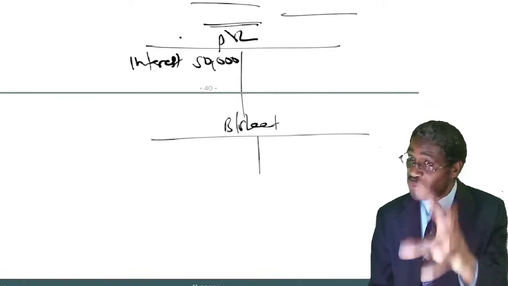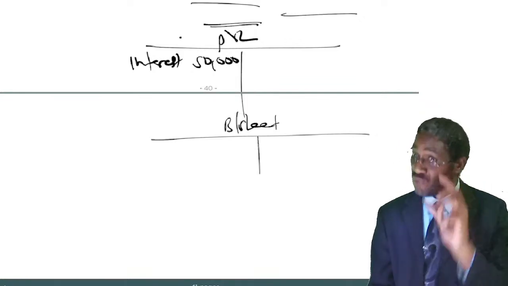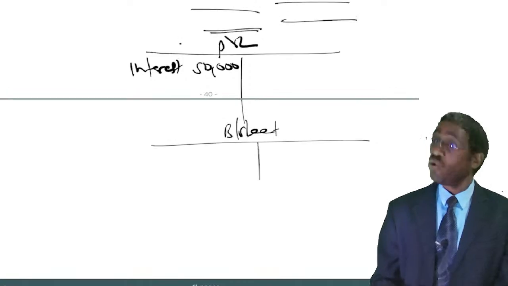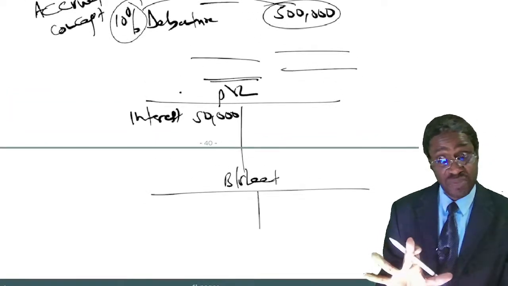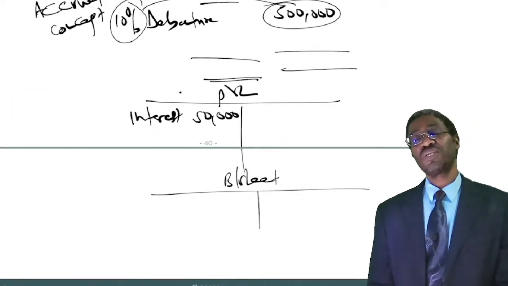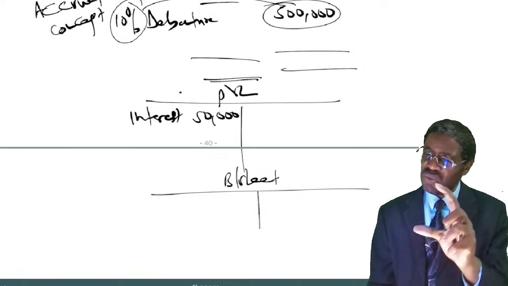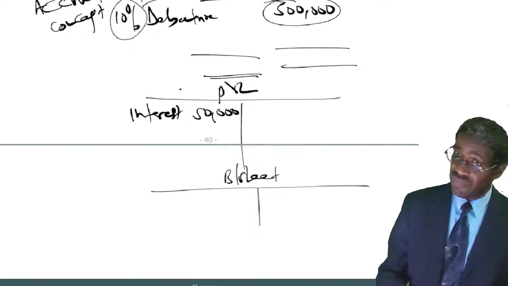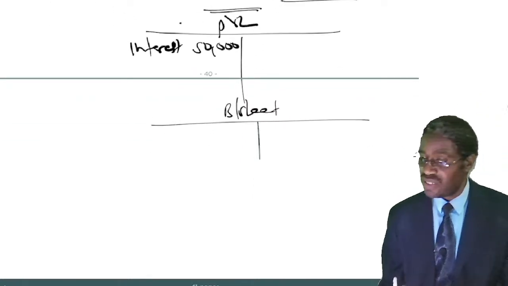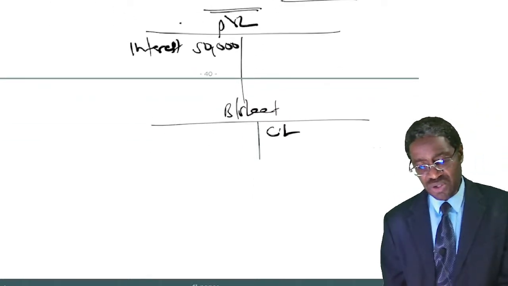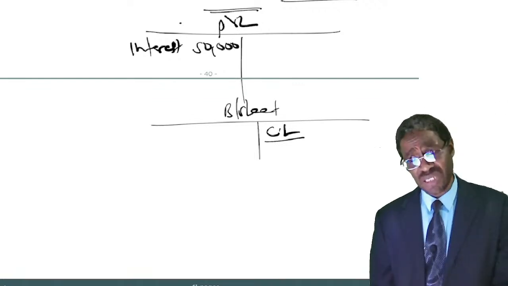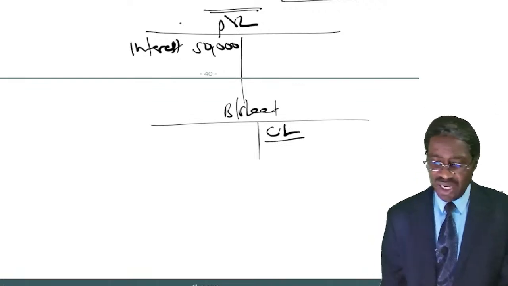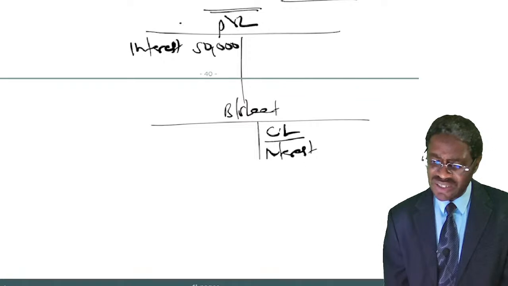I'm supposed to have paid them 50, but according to the trial balance, I've not paid them. Therefore, that same 50 will become the charge for the year, and at the same time, it will become the liability by the end of the year. So among your current liabilities, you will have interest owing of 50,000.